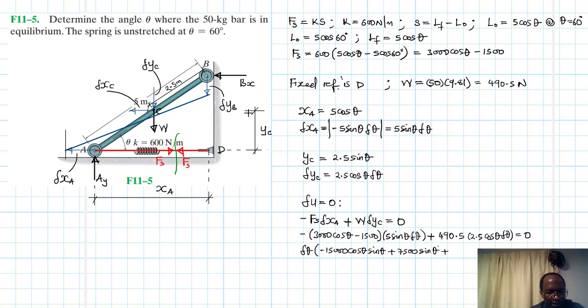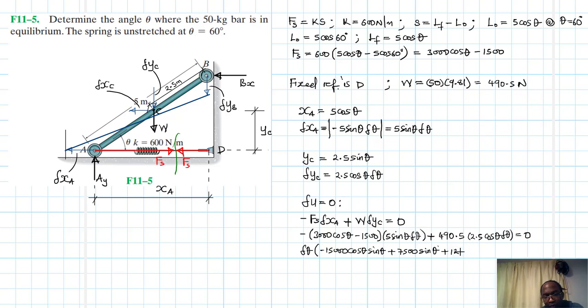So we get 1226.25 cos theta, equal to 0.